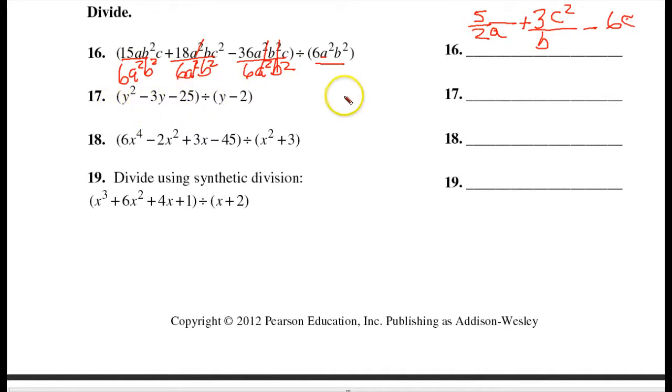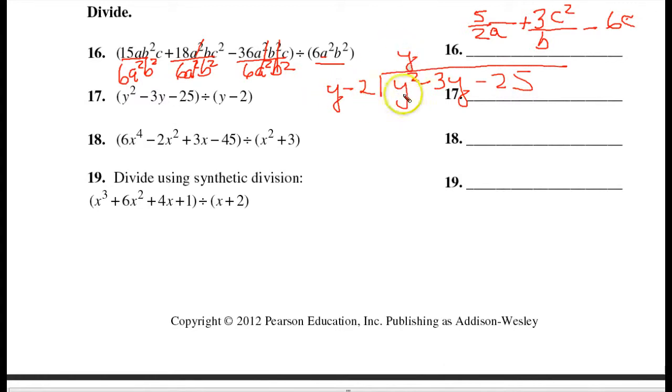Now, number 17, they want you to set this up as a long division. And again, we're just reviewing what you had in class. And we say y goes into there how many times? Well, y times.